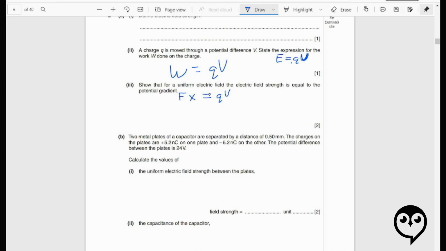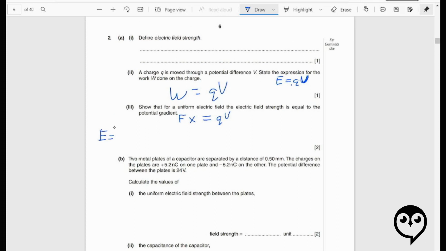We'll ignore the cos theta and pretend that theta is 0. Now, what is that force? If you remember what electric field strength is, from up above in the first part, we said it's the force per unit charge. So the force is the electric field strength times the charge.